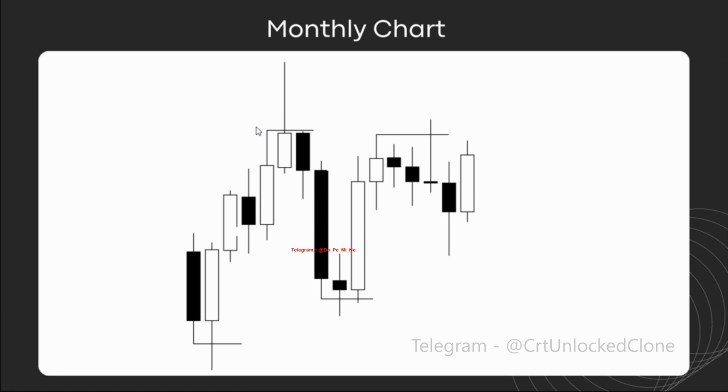Now, the different concepts that you're going to use to analyze the monthly charts in order to come to a conclusion about the directional bias that you're going to trade are concepts such as quarterly shifts, seasonal tendencies, dealing ranges, key level CRT, and so on, right?